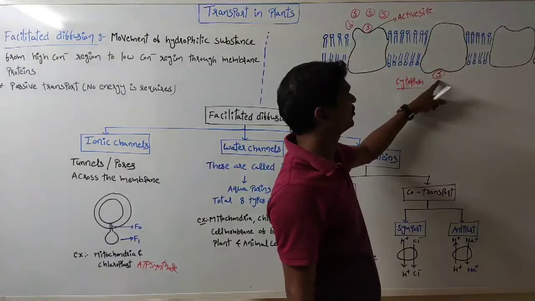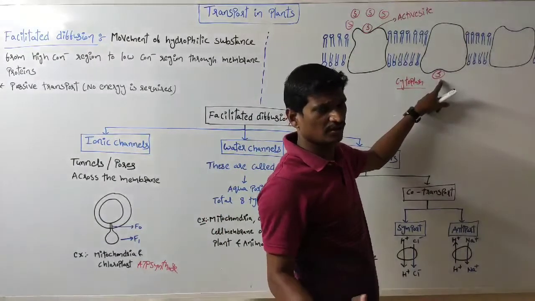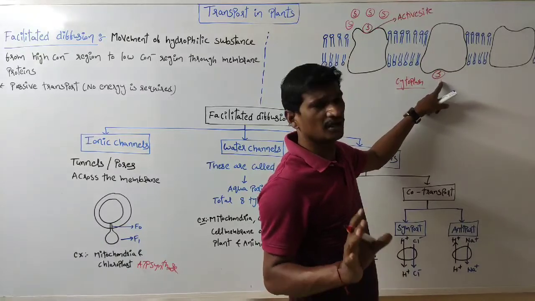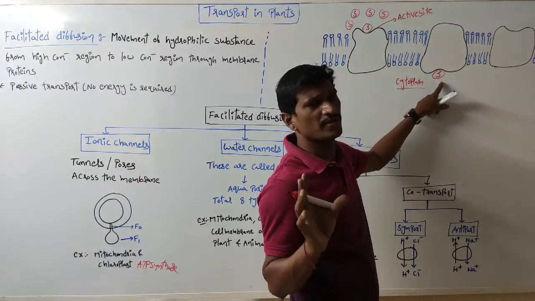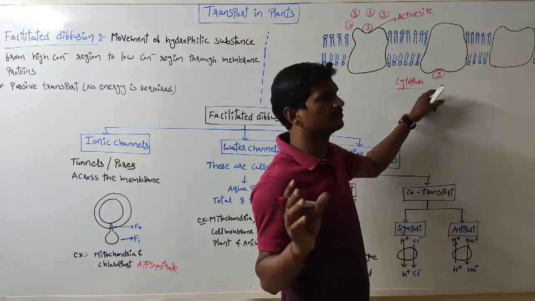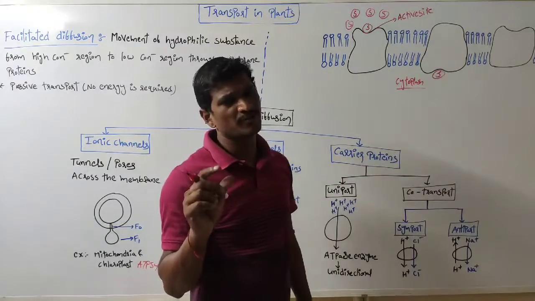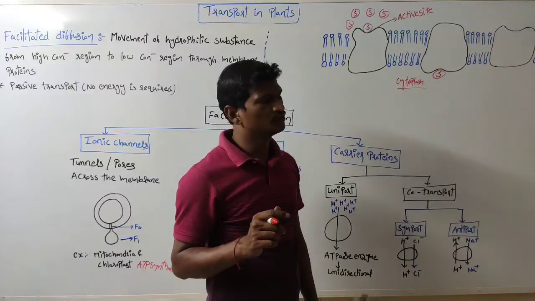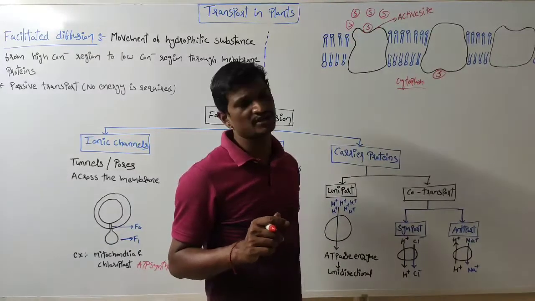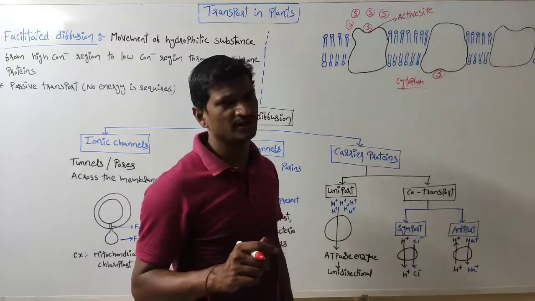So this is about the rotational theory, a conformational rotation of plasma membrane protein, or simply plasma membrane proteins are involved in the rotation. Due to that rotation, the molecules are transported from outside to inside.